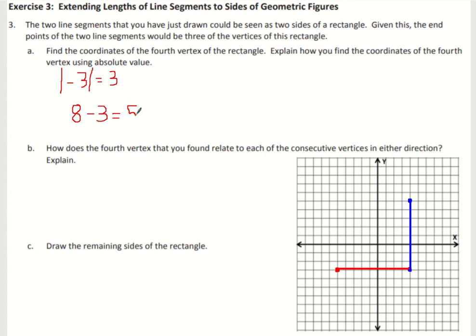So 8 minus 3 gives me 5, which means that I need to keep going up until I get to y is equal to 5. So keep going up from this point to get to y is equal to 5. That's going to be right around here. That's where y is equal to 5 is going to be.